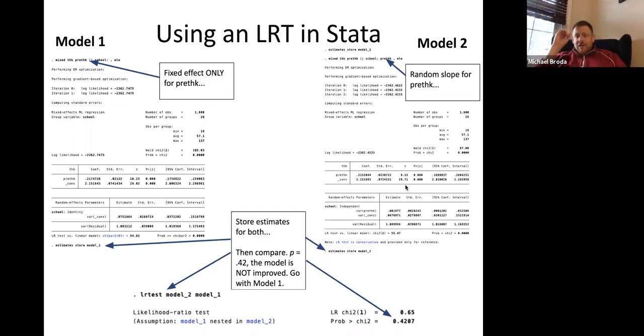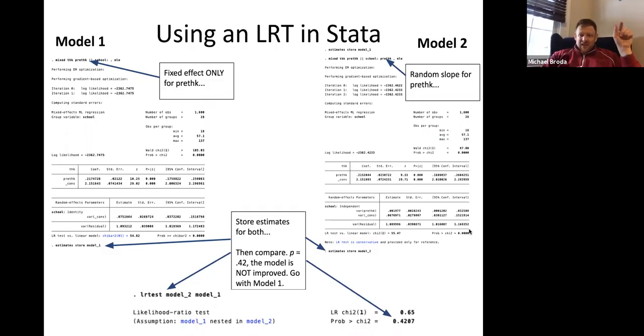Now, the one tricky thing with running the LR test in Stata is that it only works when you are doing a 1 degree of freedom comparison, one parameter different. So you can do this for adding a random slope, and you can also do this for adding or taking away a predictor. But you can't, for example, put in 2 or 3 predictors. It has to be what's called nested, which means the two models are 1 degree of freedom different.